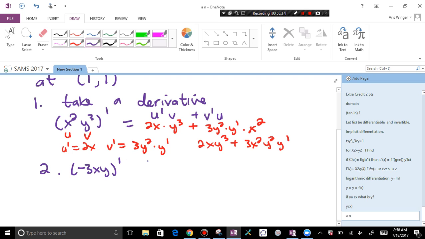The derivative of minus 3xy is also the product rule. U, V, U prime is negative 3, V prime is y prime. The derivative of y is 1 times y prime.